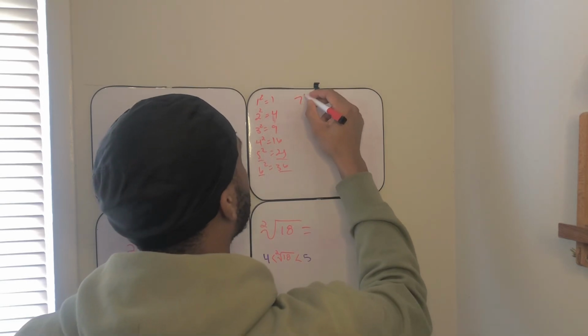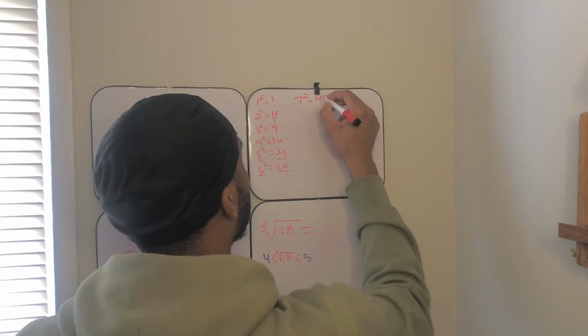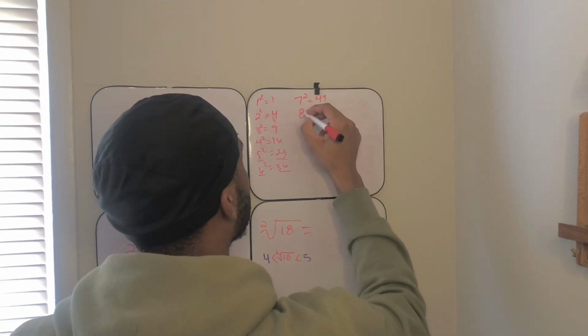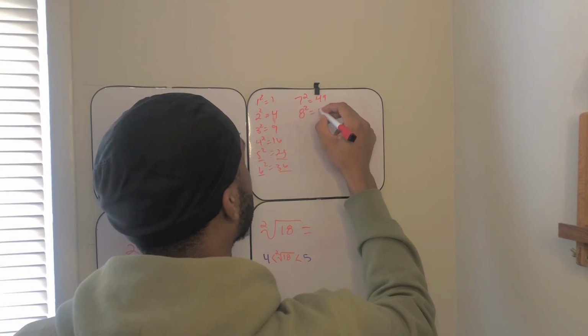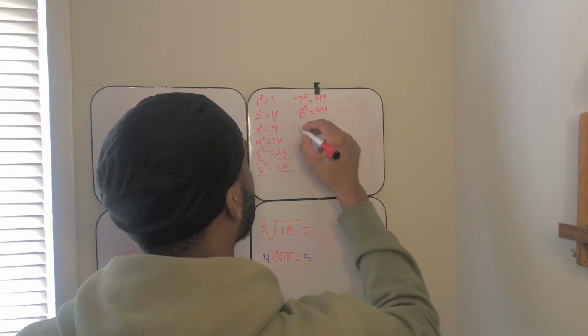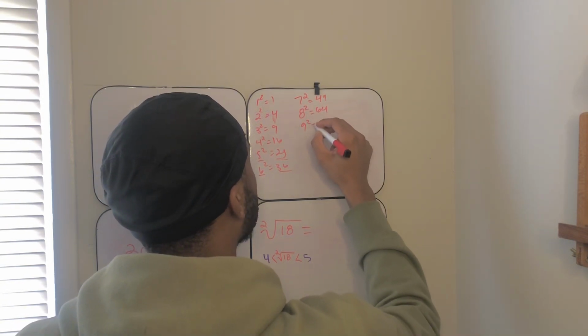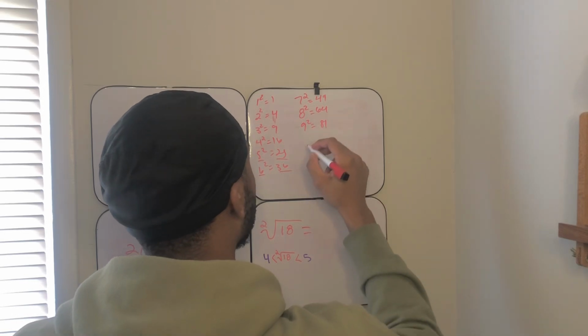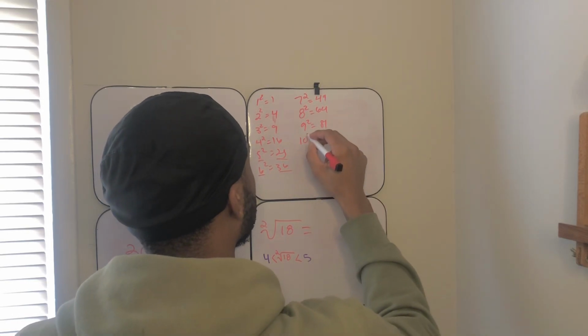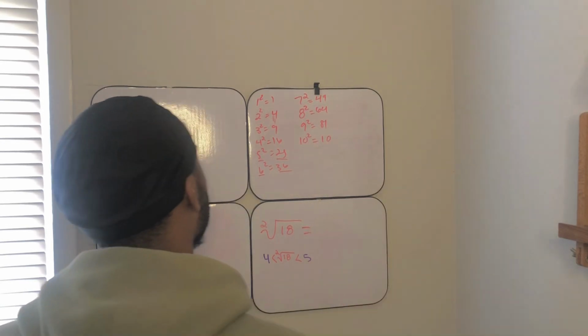So 7 squared is 49. That's 7 times 7. 8 times 8 is 64. 9 times 9 is 81. And 10 times 10 is 100.